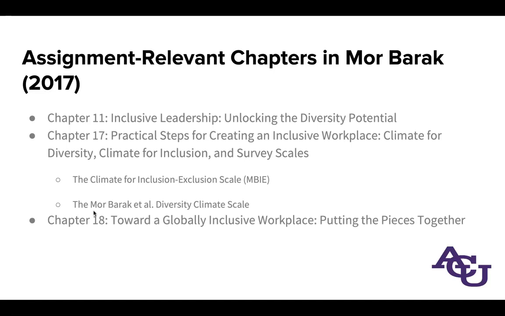Chapter 18, that's moving into global workplaces and how to integrate the things that were discussed in the rest of the book. And let's spend a moment on some of those key terms, like the diversity paradox. Now, the diversity paradox has a couple related meanings and some contextual definitions. You will find many, but go with the one that's defined in the book.